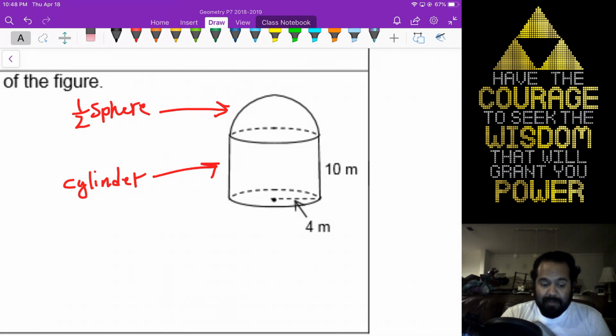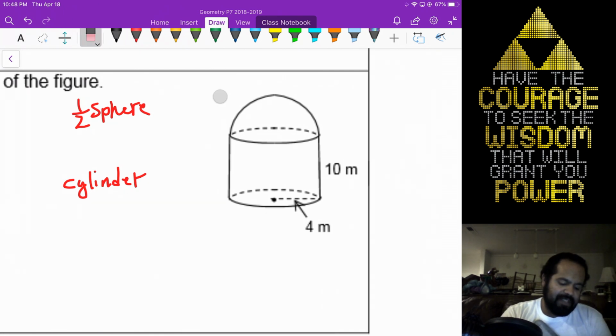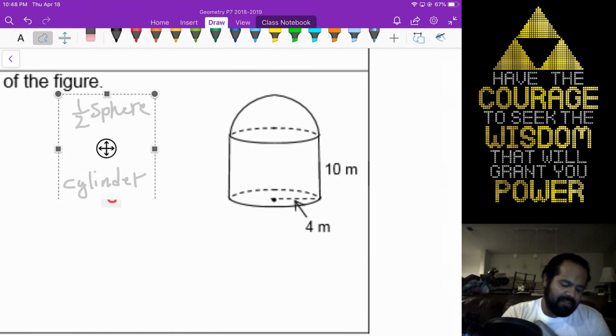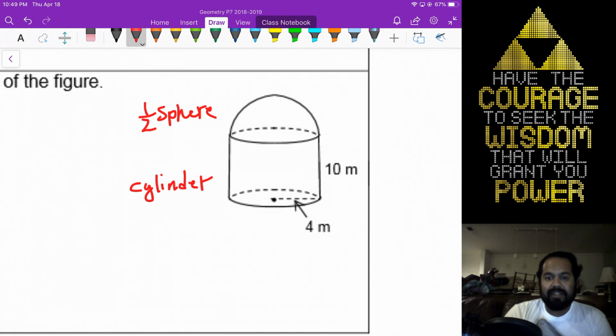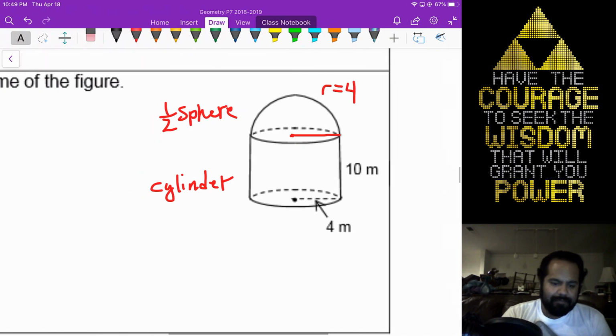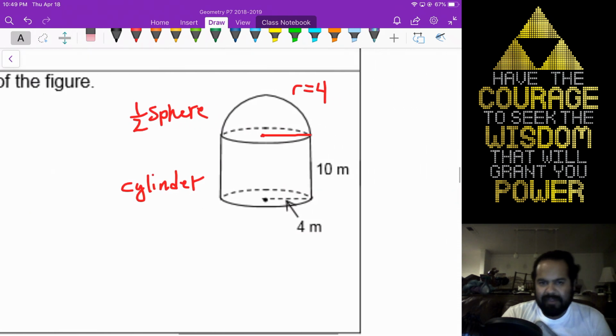So there's going to be a bit of squeezing our work. I'm going to go ahead and move this a bit closer to here. Before I continue though, I do want to do some quick math. This radius of 4 transfers up here, which means it's also the radius of your sphere. So let's get right to it. One other thing.